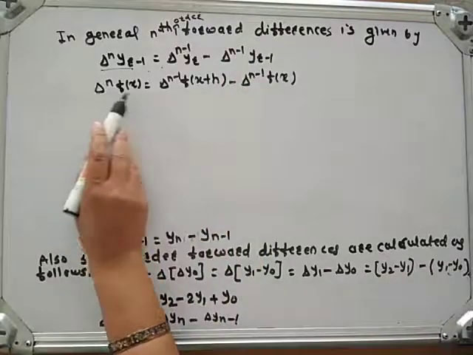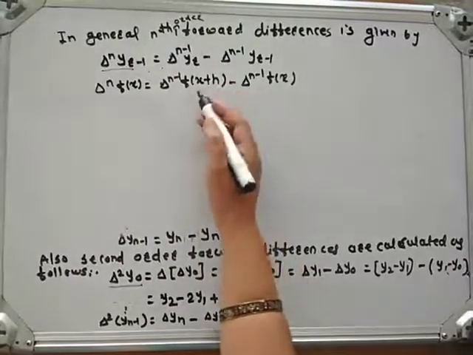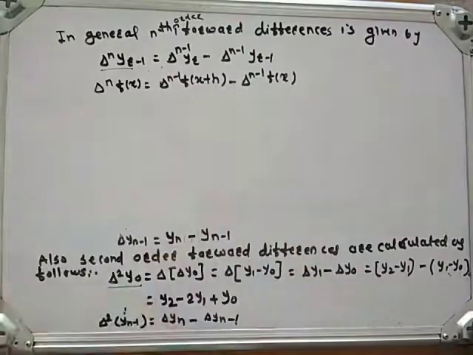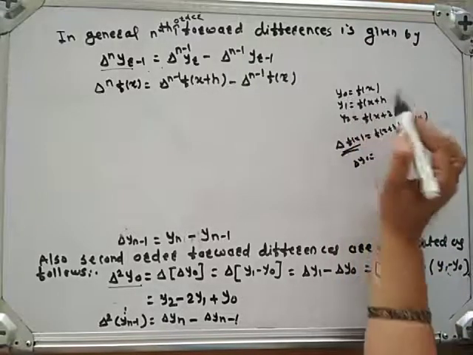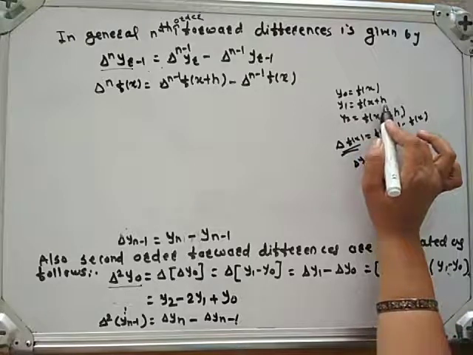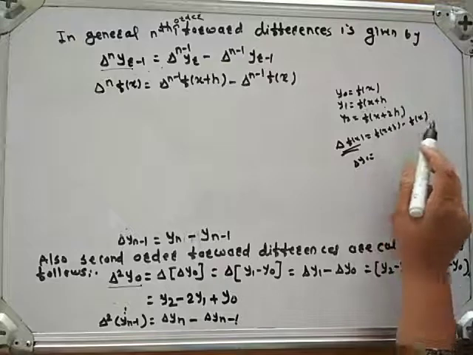And delta raised to n f of x is equal to delta raised to n-1 f of x plus h minus delta raised to n-1 f of x. See here student, if you take y0 is equal to f of x, then y1 is equal to f of x plus h. Next y2 is equal to f of x plus 2h.